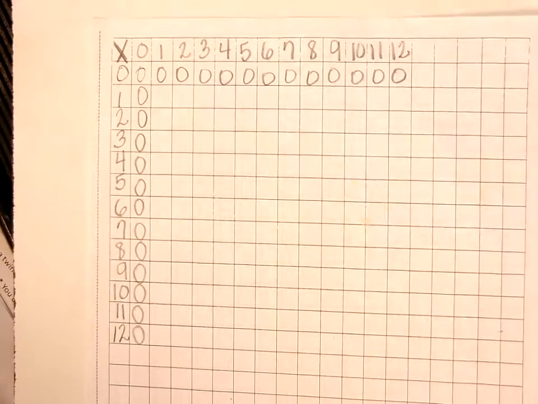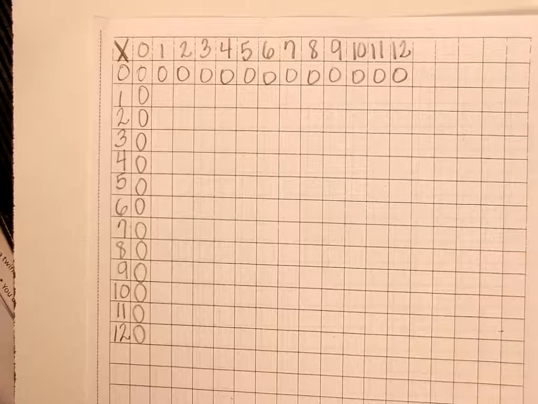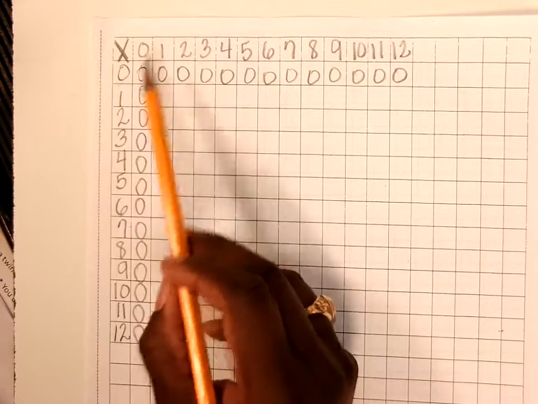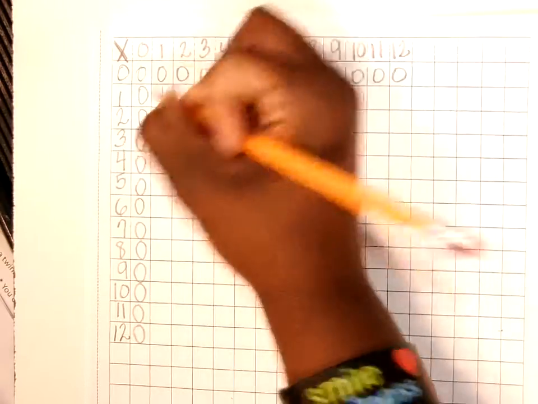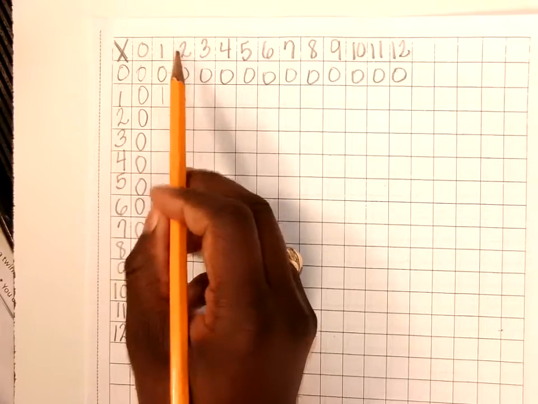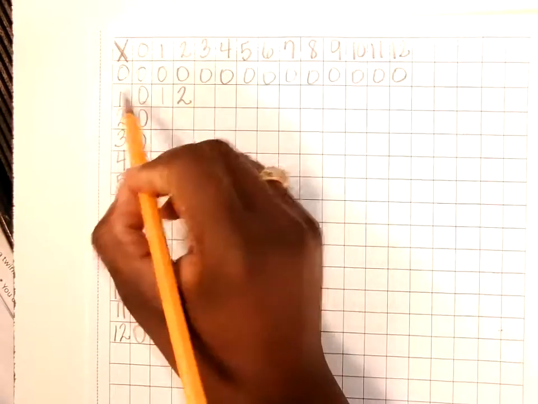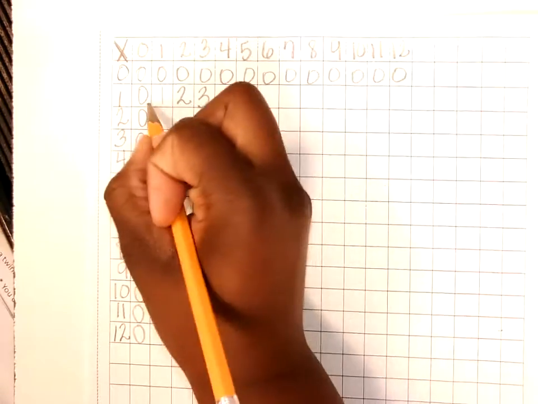Alright? The next step we will do is anything times 1, we learned, is the other factor. Anytime we multiply by 1, it's the other factor. So 1 times 1 equals 1. 1 times 2 equals 2. 3 times 1 equals 3. And so we see the pattern.